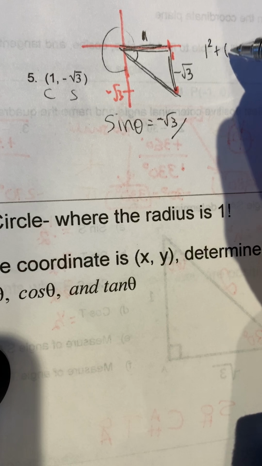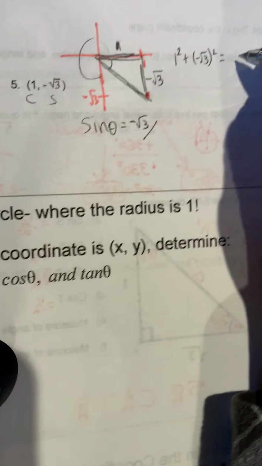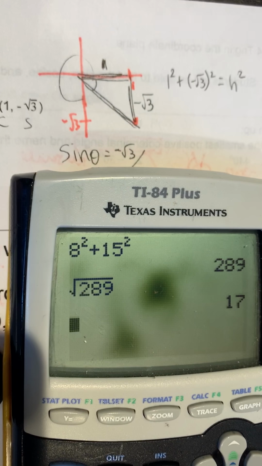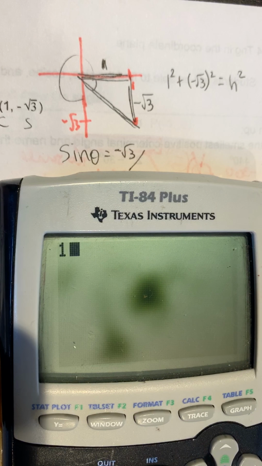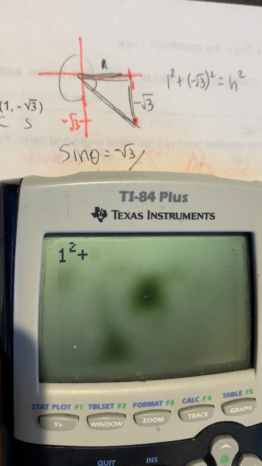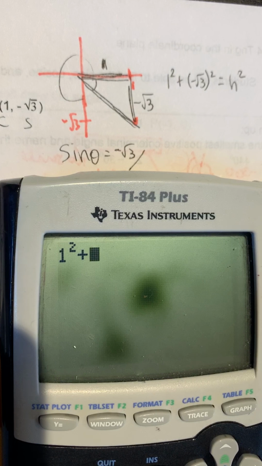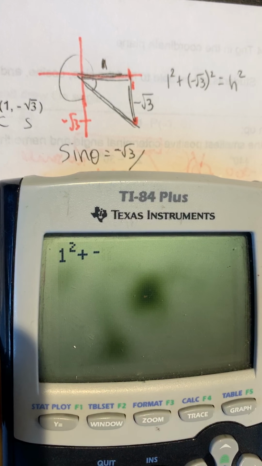1 squared plus negative rad 3 squared equals the hypotenuse squared. Now, if you type this in your calculator, some people type it in wrong, so don't be that person. Some people go 1 squared, and then they go plus, and they go negative. I'll do it wrong so I can show you. So negative rad 3, and then they go squared.